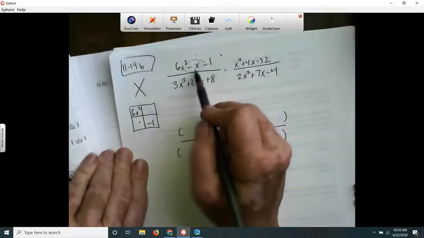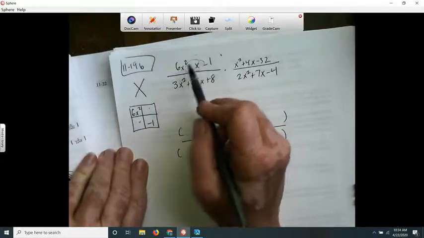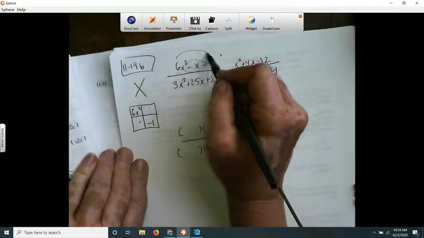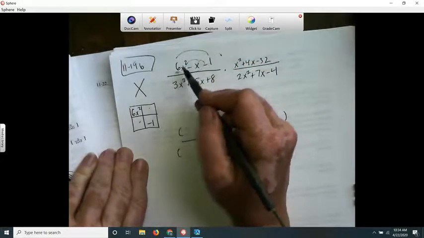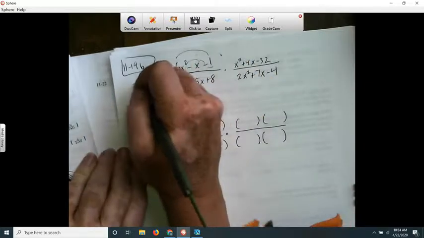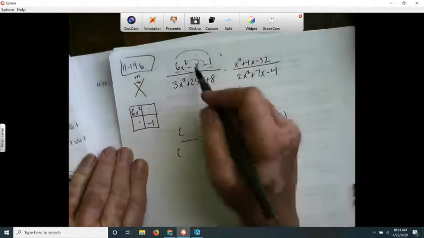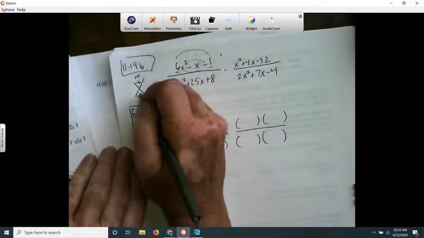You're trying to think of two things that add up to negative x. Here's how I do it. I go 6, the coefficient of x squared, times the constant. So 6 times negative 1 is negative 6. That's what I want it to multiply to. And I'm looking for something that adds to make negative 1.